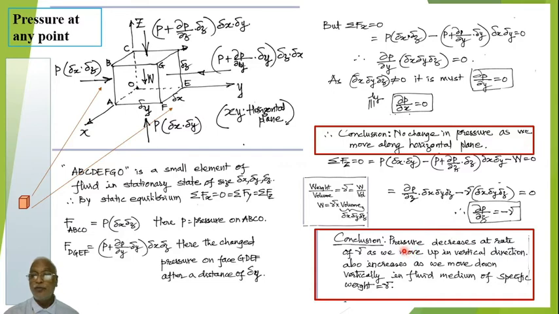The second conclusion is that if you move vertically, pressure decreases at a rate of gamma as we move up in vertical direction, and it increases as we move down vertically in a fluid medium of specific weight gamma. Gamma is the specific weight or unit weight of the fluid.